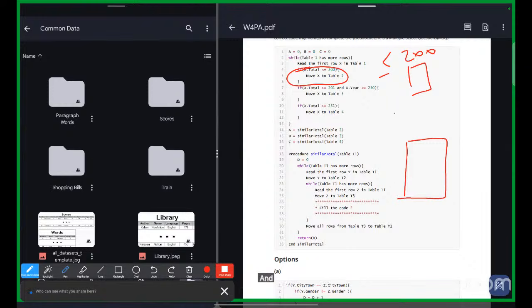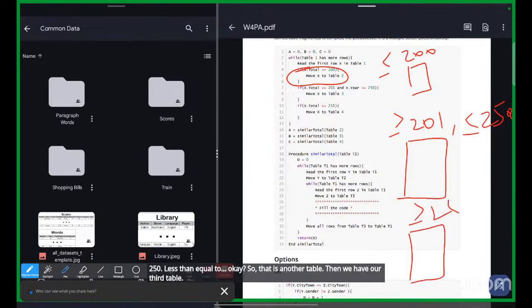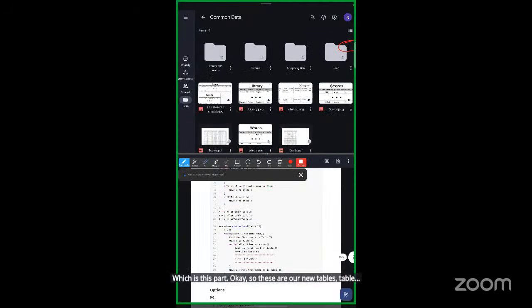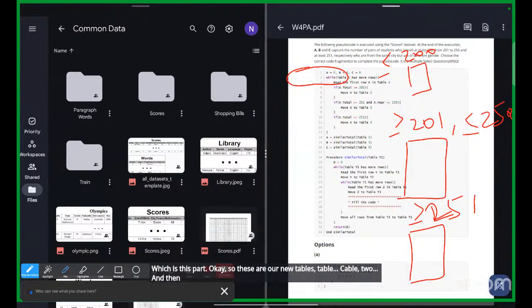And then we have greater than 201, but less than or equal to 250. Okay, so that is another table. Then we have our third table, which is this part. Okay, so these are our new tables, table 2, and then 3, and table 4. So these are the three tables that we have.